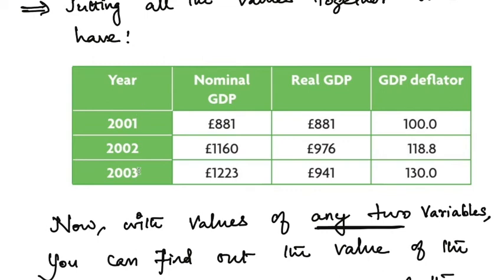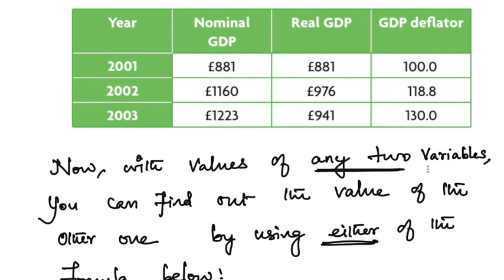So you have different years, and you have nominal GDP for each of these years, and then real GDP, where you have eliminated the price effect, or you have adjusted the value for inflation. So you have real GDP values for each of these years, and you also have GDP deflator. Okay. So most of the times in the exam, it is possible that you are given any two values here.